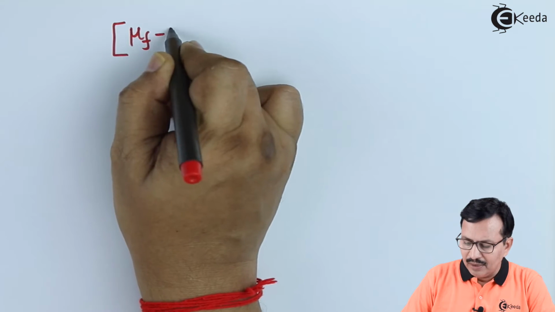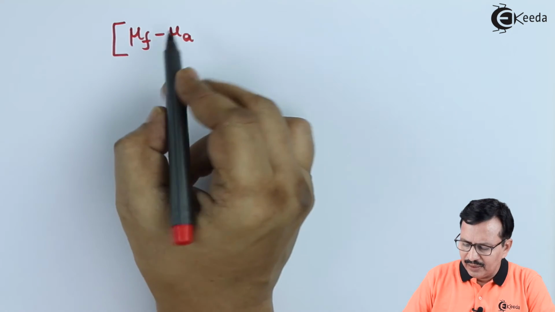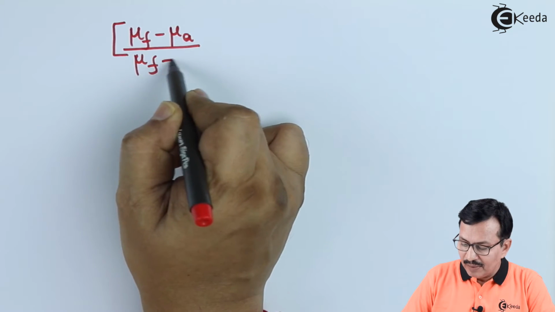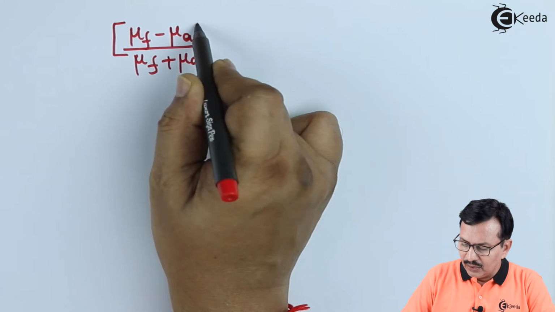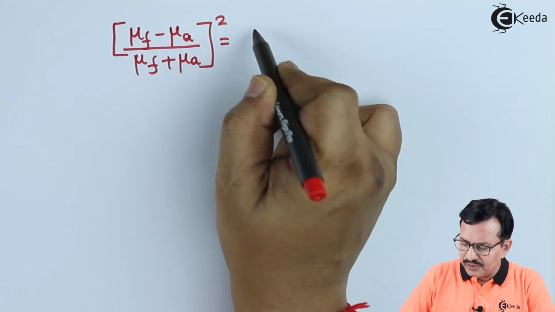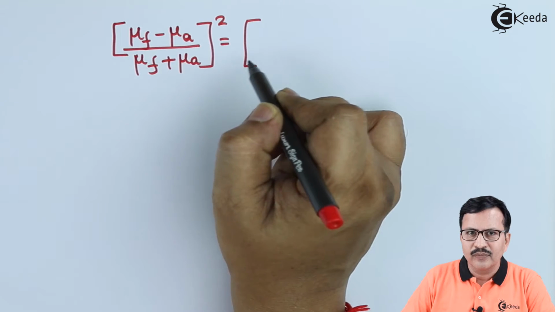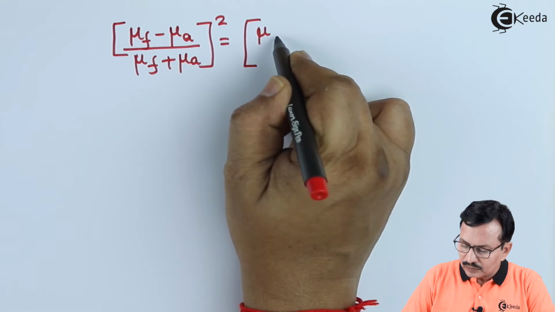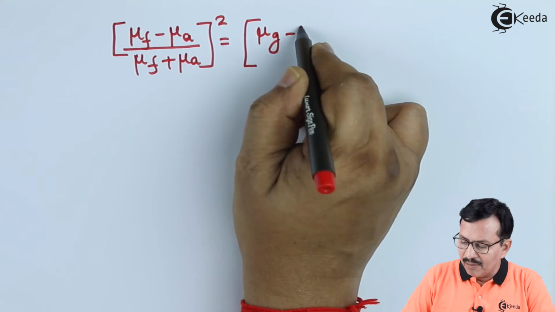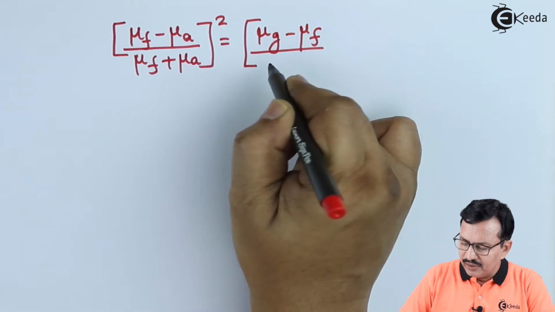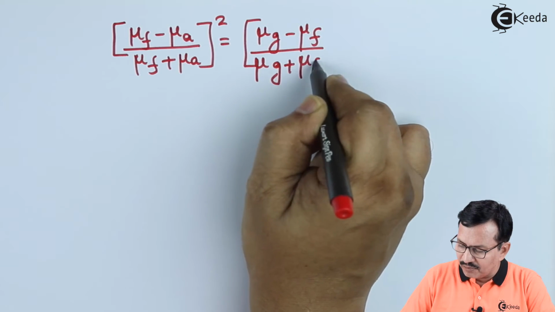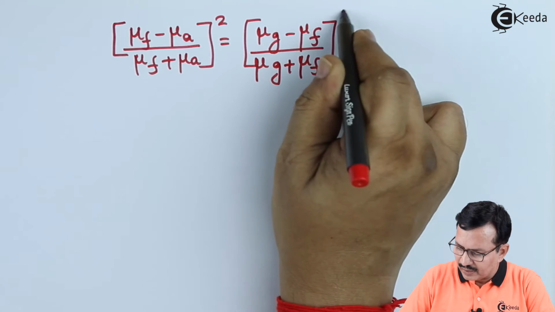mu f minus mu a divided by mu f plus mu a, the whole square, is equal to mu g minus mu f divided by mu g plus mu f, the whole square.